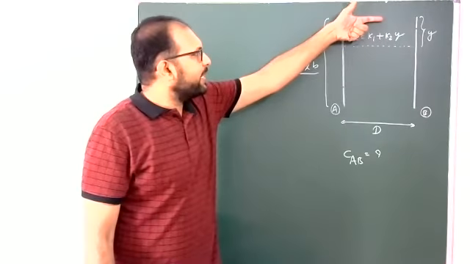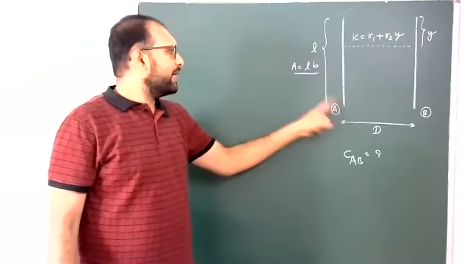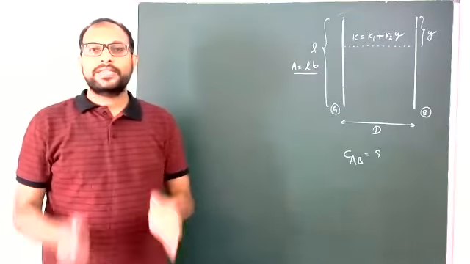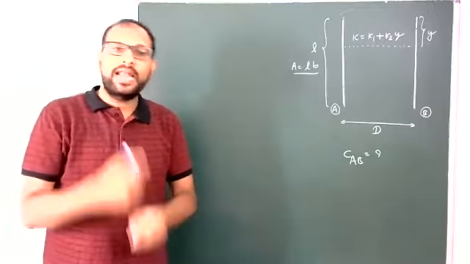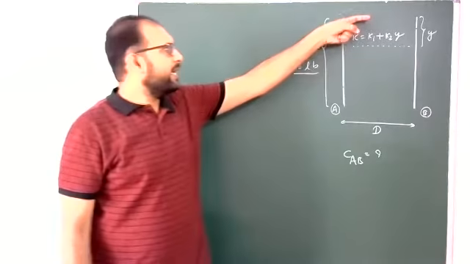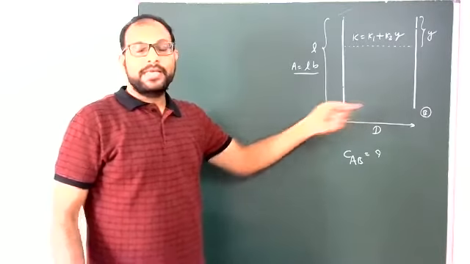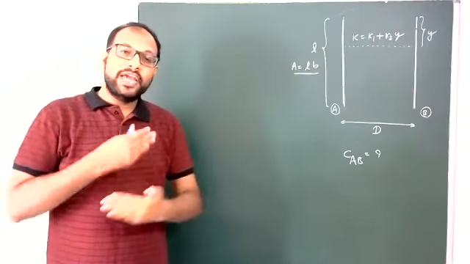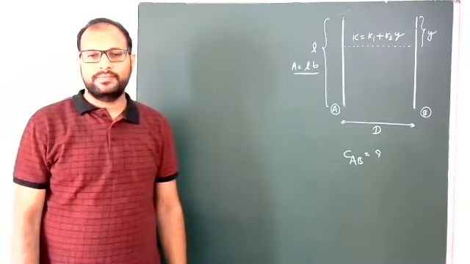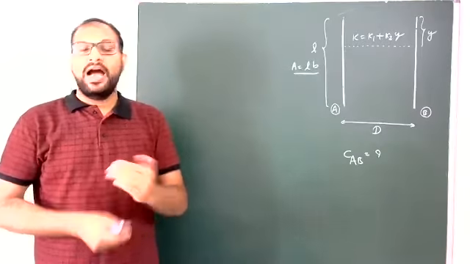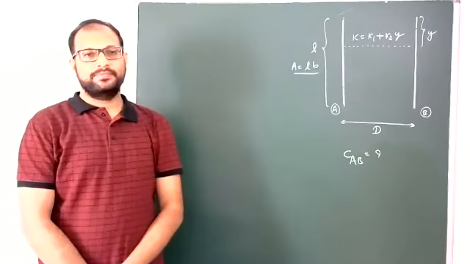Now if you come from here to here, the last length is L, so the dielectric constant K equals K1 plus K2 L. So here K1, and there K1 plus K2 L. So it changes uniformly from K1 to K1 plus K2 L. It's not a constant or a sudden change. It is a gradual change.